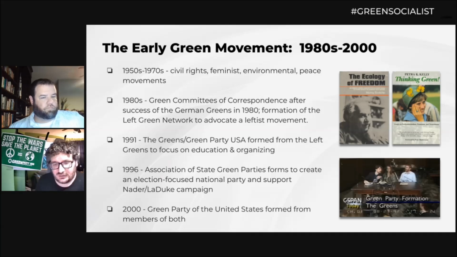And those two movements essentially started talks with each other and said, we need to combine forces here instead of splitting the Green Movement. So I'll spare you some of the details of that messy history, but effectively what happened was those two different Green parties merged together into the Green Party of the United States in 2000, which is the Green Party that everyone knows today.